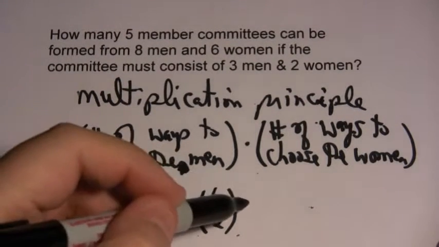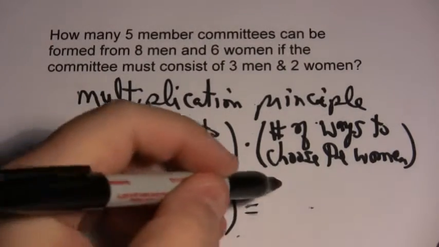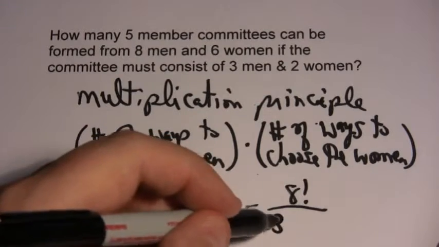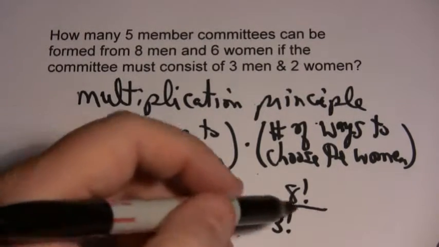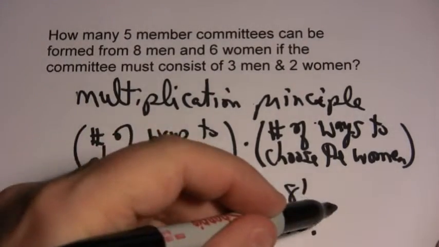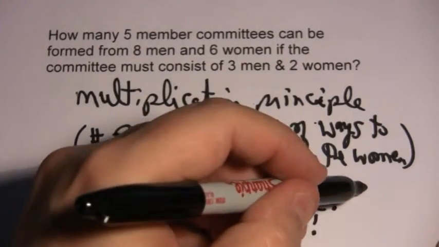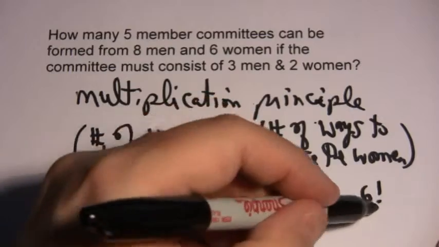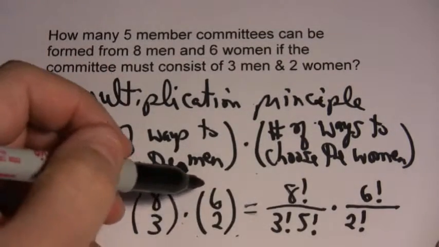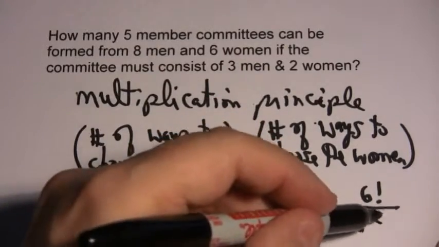So let's see what that would be. That would be 8 factorial over 3 factorial times 8 minus 3, which is 5 factorial, multiplied by 6 factorial over 2 factorial times 6 minus 2, which is 4 factorial.